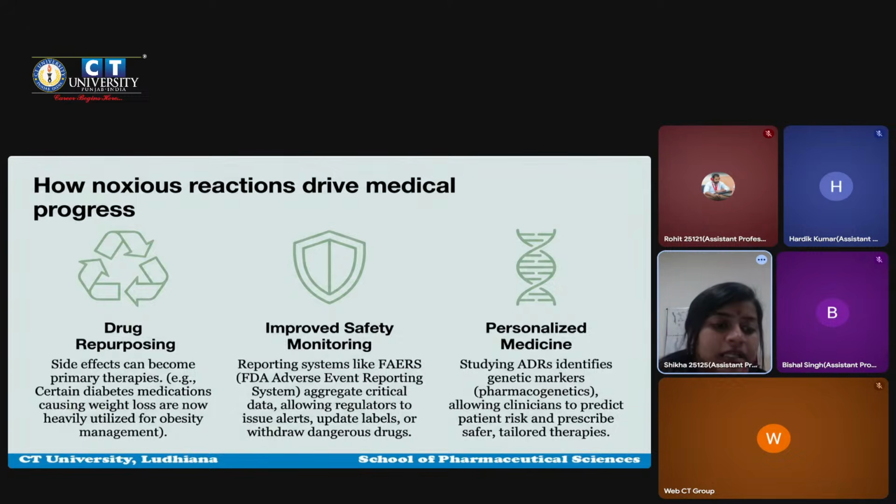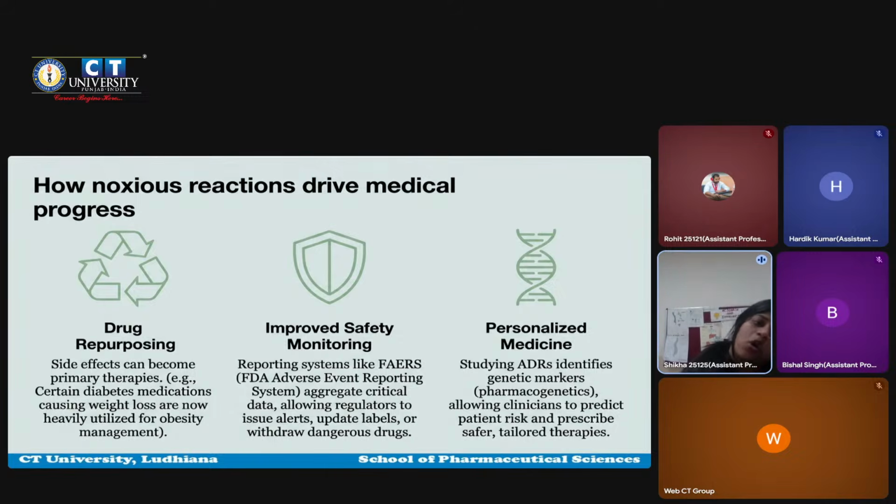So first is drug repurposing. What is drug repurposing? Basically, a side effect can become the primary therapy. Which was the side effect of the drug is now converted into the therapy. For example, certain diabetes medications were causing weight loss and now they are heavily utilized for obesity management.